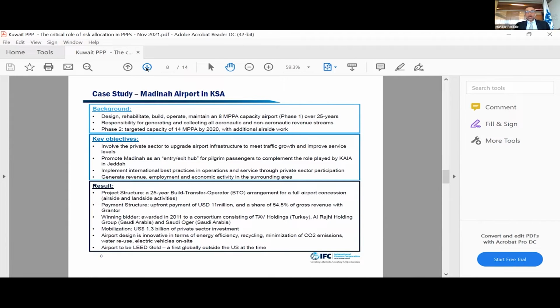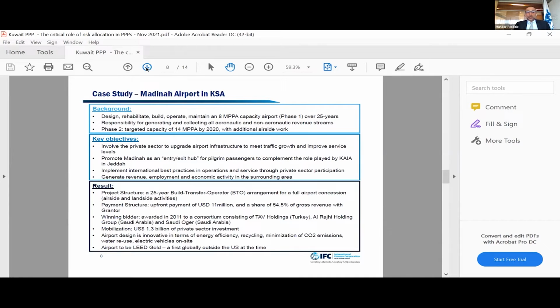For Medina, you have the Medina Airport. However, people usually wanted to go into one city and exit from the other, and Medina was constrained because it didn't have that capacity available in the airport. Of course, they also wanted to engage the private sector to get the best international practices, and one of the objectives was to generate revenues.